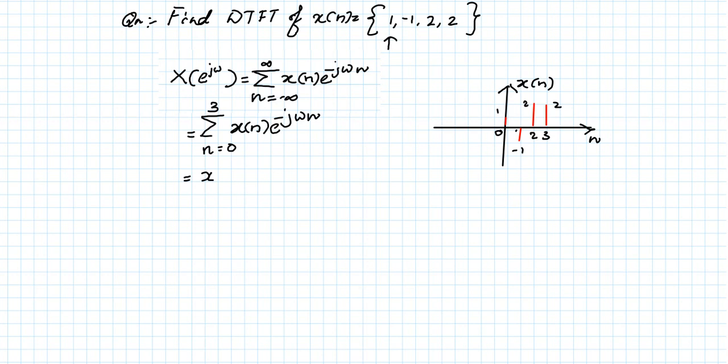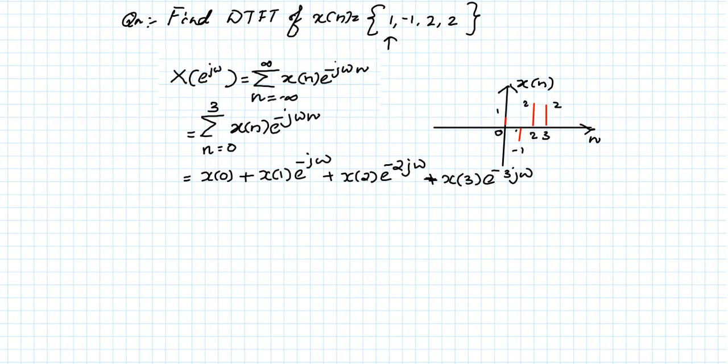In the first case, you substitute x of 0, and e raised to 0 is 1, plus next n equal to 1, so x of 1 into e raised to minus j omega, plus next n value is 2, so x of 2 into e raised to minus 2 j omega, plus one more term, x of 3 into e raised to minus 3 j omega. So it's from 0 to 3, and totally you will get 4 terms.